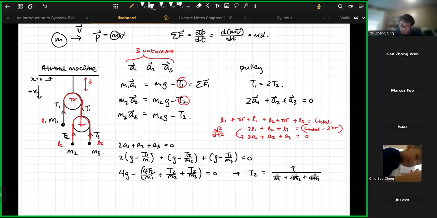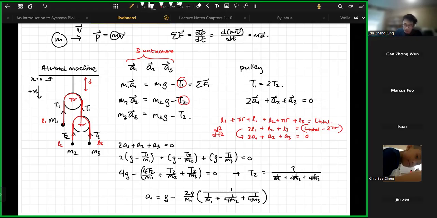So, okay, that's the tension. And from the tension, we can plug it back into our original equation, and then you can find A1, A2. You can find A1 is equal to G minus, so T1 is twice T2, so 2G over M1, and just this reciprocal.